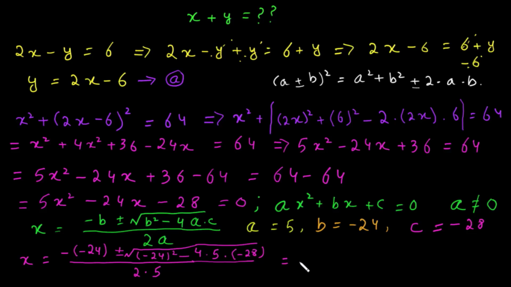So I will get minus and 2 minus will give us 24 plus minus square root of 24 squared is equal to 576, and this minus and 2 minus will give us plus 4 times 5 is 20. 20 times 28 is equal to 560. I am using a calculator, so can you? And 2 times 5 will give us 10.